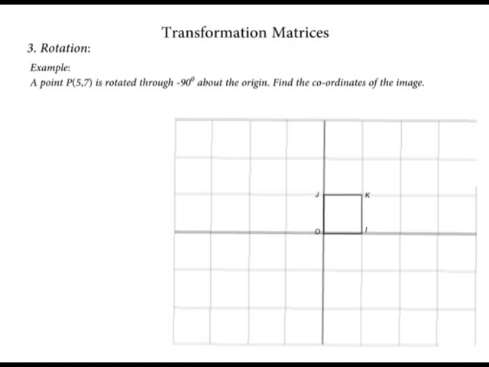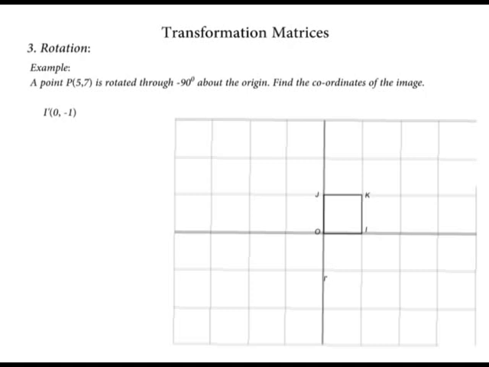This is the unit square. We need to find the rotation matrix for -90 degrees. We rotate I and J, and this you can do with your eyes. -90 degrees means clockwise rotation. If I is rotated -90, it will be here, I prime (0, -1).